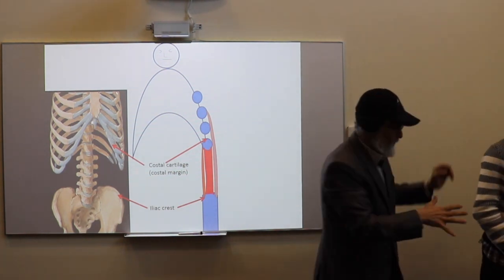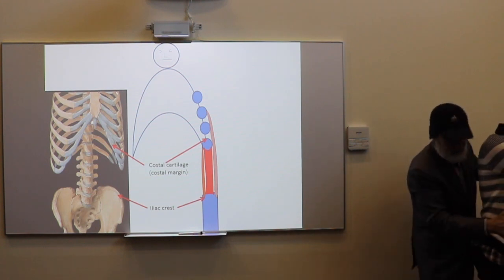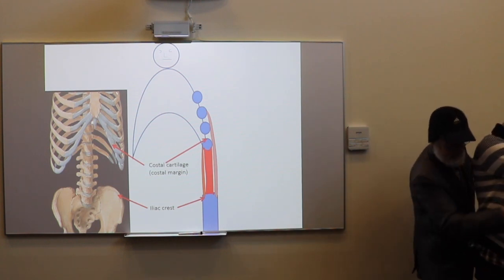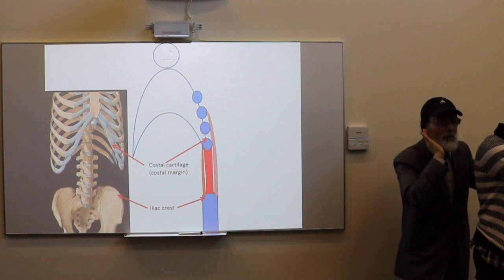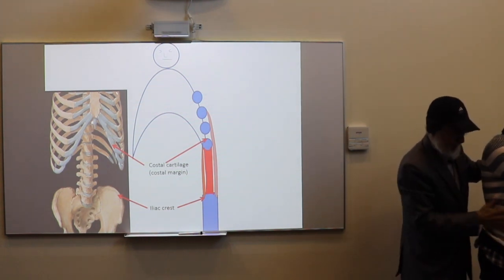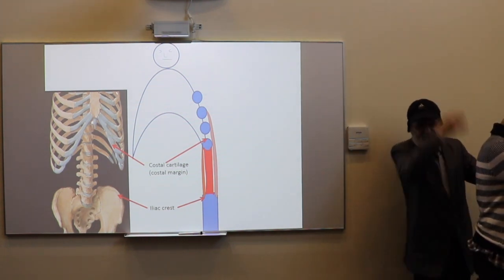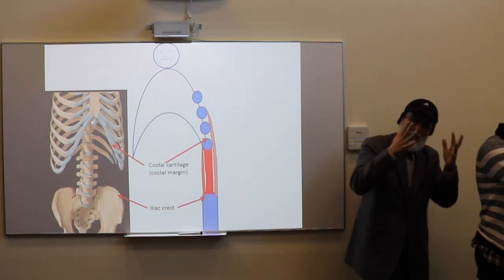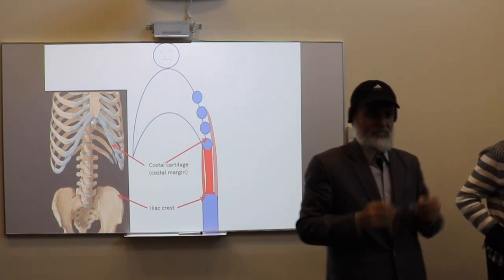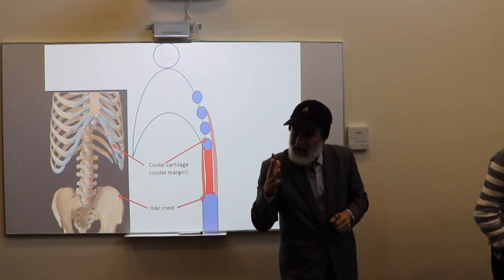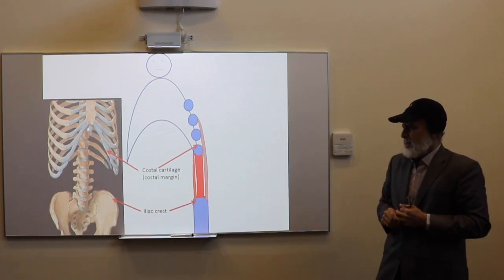Following? So the most inferior fibers are arching, and the most posterior fibers are vertical. The real oblique are in the middle.